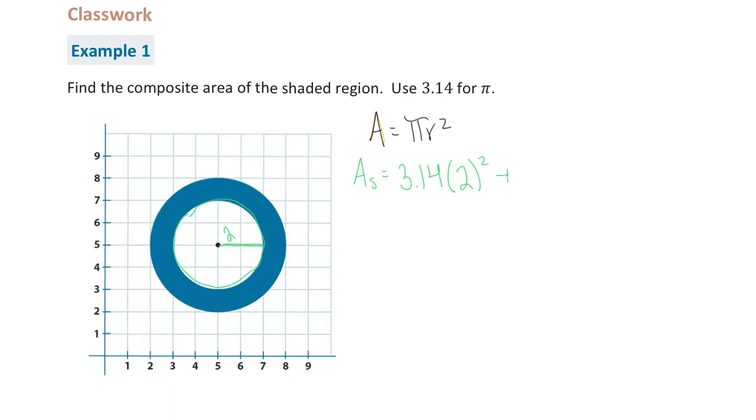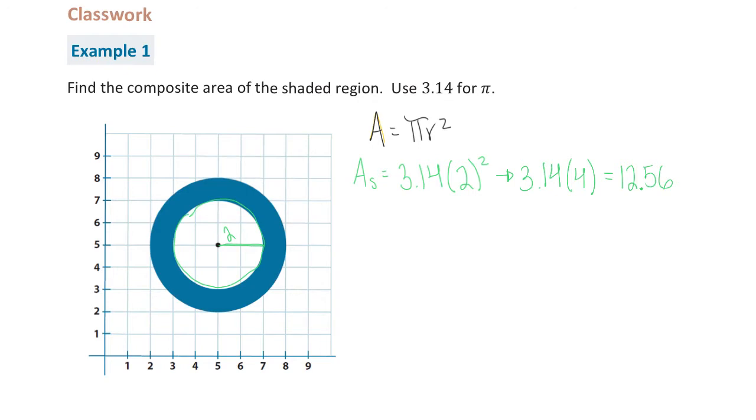When I write out this equation, I'm going to have 3.14 times 2 squared, and 2 squared is going to be 4. So now go ahead and take your calculator out and calculate 3.14 times 4. And that is going to give us 12.56. So now we have found our area for our small disk.